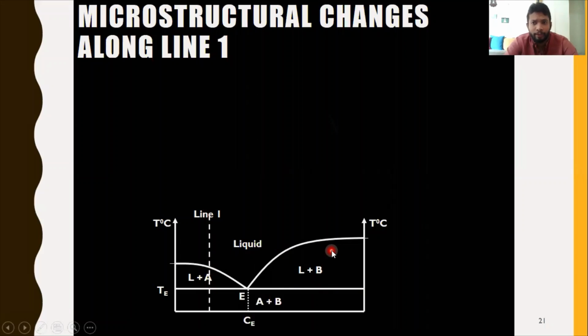When you draw this, I have put in a different perspective. We don't know what the colors of A and B are, but for our lecture's sake, let's say I have put A in light color and B in gray. Even in the lamellar structure, we saw white and black. That is just for our understanding.